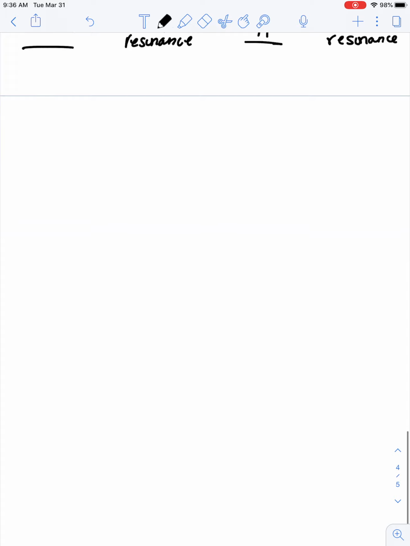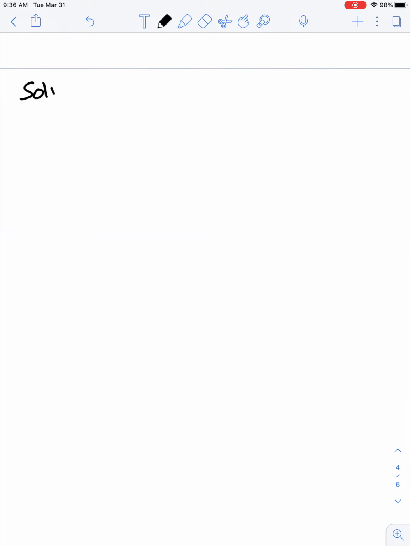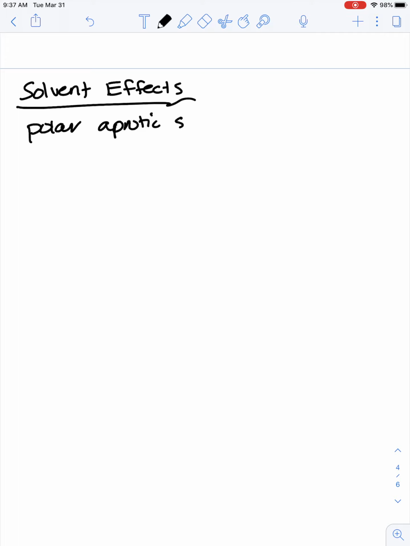Next, we're going to look into solvent effects. So we're going to talk about a few different terms that you guys may not be familiar with. Solvents are going to have a large effect on the rate of the SN2 reaction. So we're going to look at polar aprotic solvents.